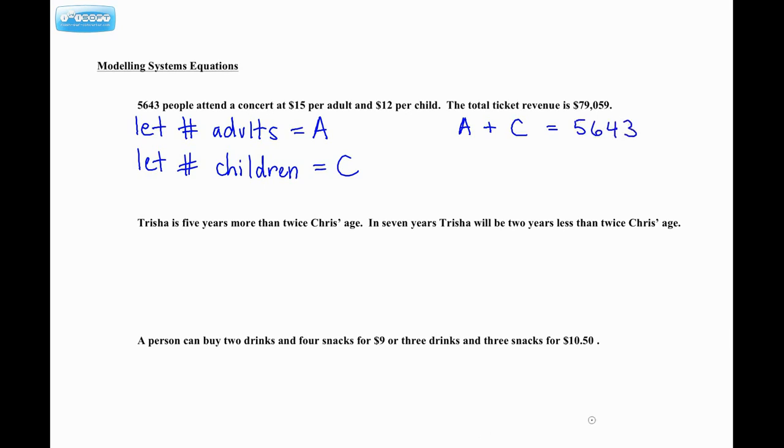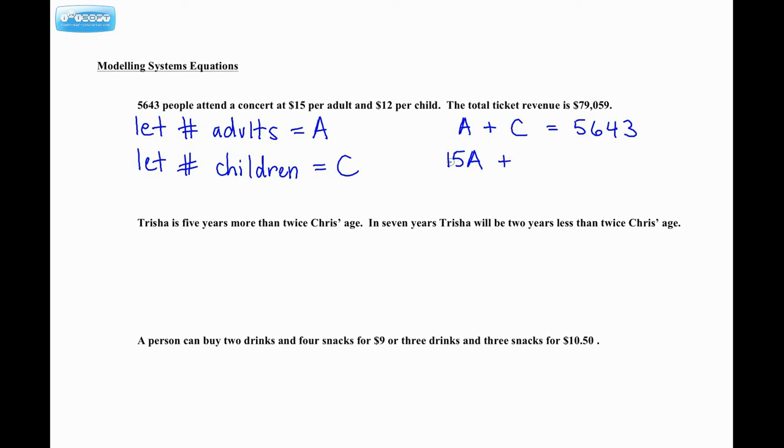The next equation, of course, has to do with the amount of money brought in, so the ticket revenue. Well, we don't know how many of each age group were at the concert, but we know how much each of them has to pay. Okay, so one adult has to pay $15. Well, A adults would have to pay 15 times that. So 15A, or 15 times A, this quantity here tells us how much money was brought in total by adults only.